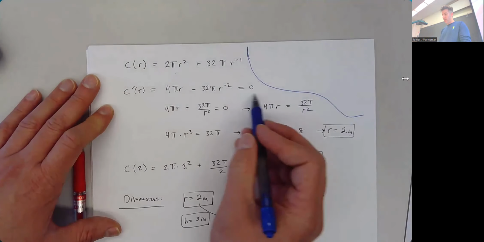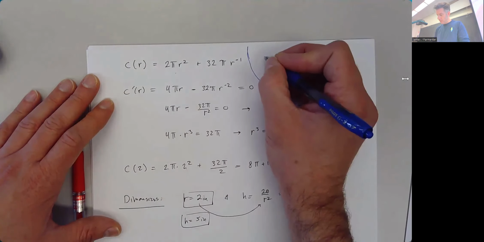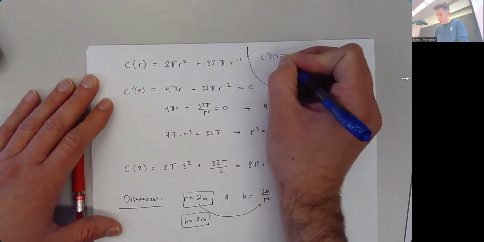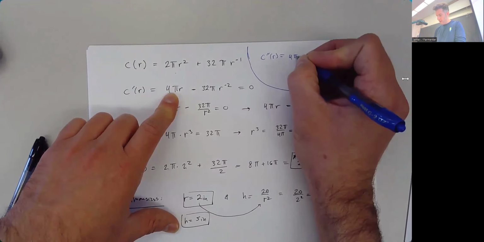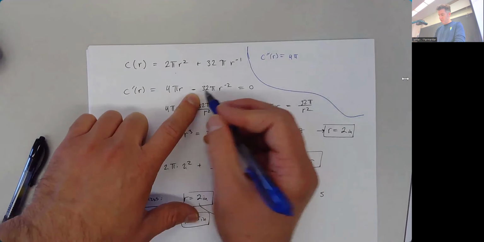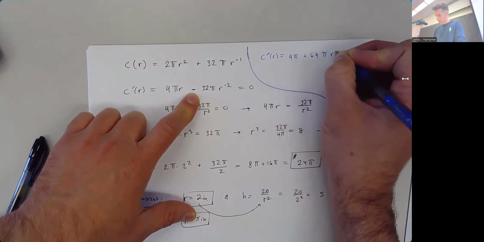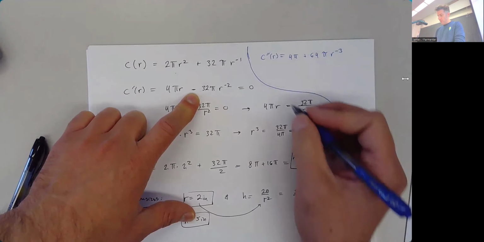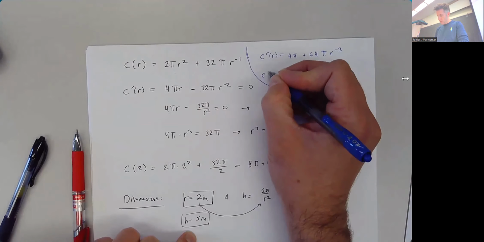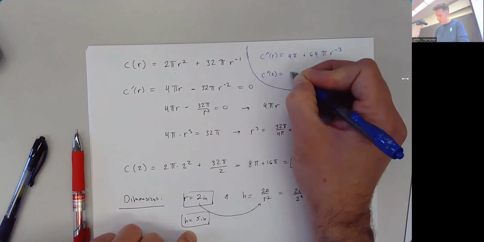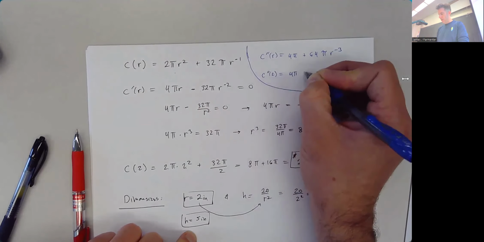We've got our first derivative right there. Our second derivative is going to be 4 pi minus 2 times minus 32, which is plus 64 pi r to the negative third. And so if we plug in r equal to 2, C double prime of 2 is 4 pi... well, it doesn't even matter.